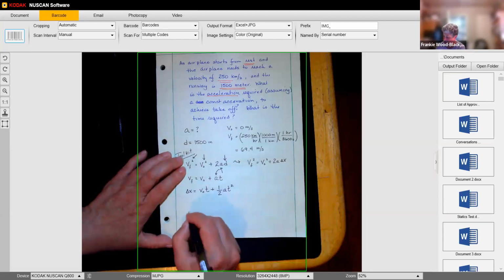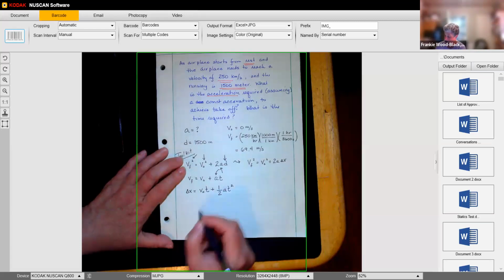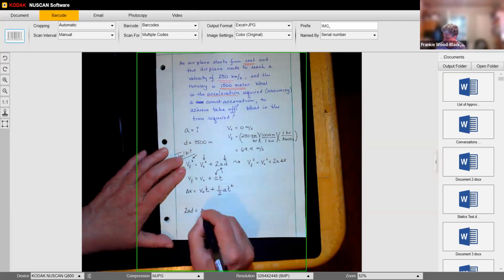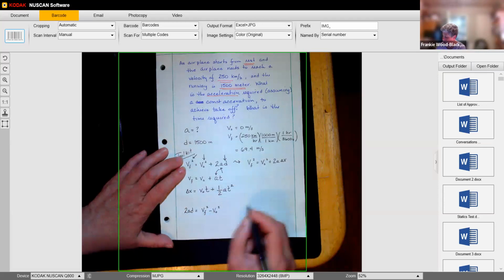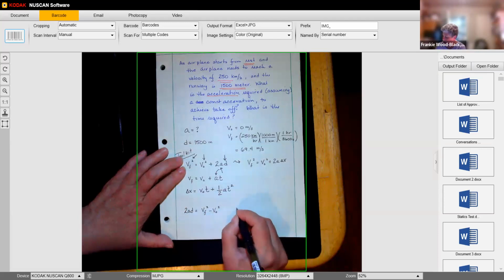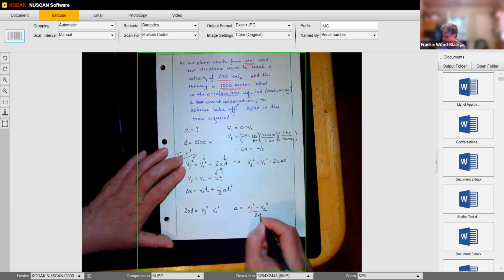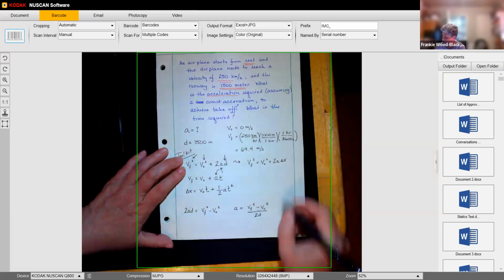So I'm going to have 2AD is equal to V final squared minus V initial squared. My acceleration is going to equal V final squared minus V initial squared divided by 2 times my distance. Let's look at my units.